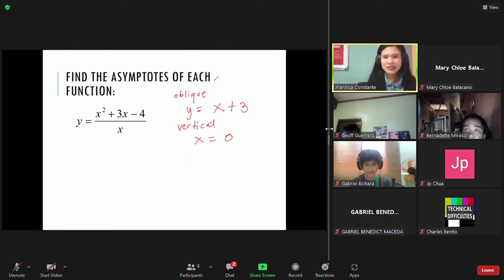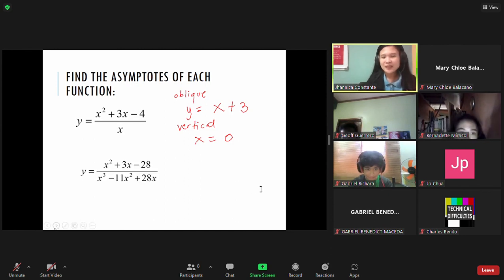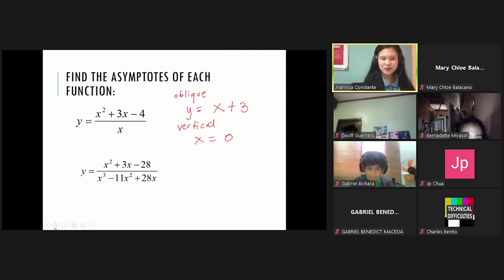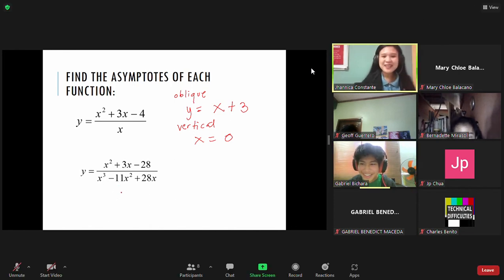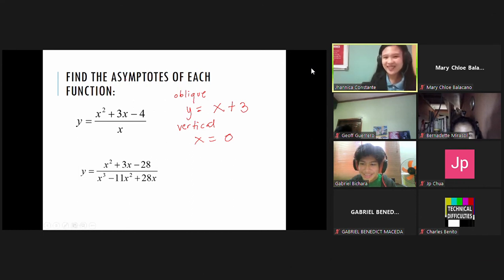What about this function? What is the asymptote of the function x squared plus 3x minus 28 over x cubed minus 11x squared plus 28x? Let's start with the horizontal.